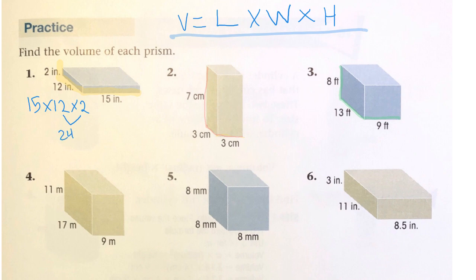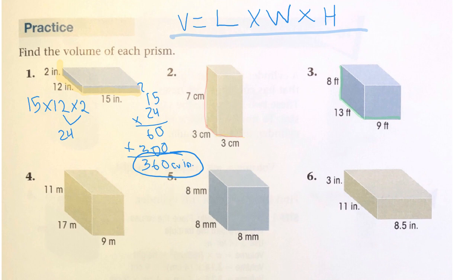And now, if we want to do one on top of each other, 15 times 24, and then we're going to get 360. So the answer for number 1 is going to be 360 cubic inches. So that's the full completion of the problem. That's the end. The answer is 360 cubic inches. Labeling your answer, doing all the math.